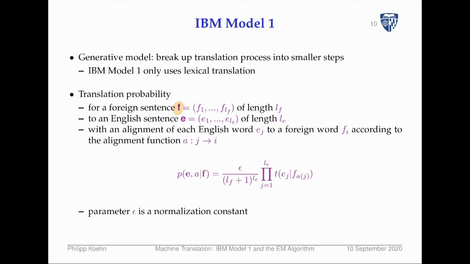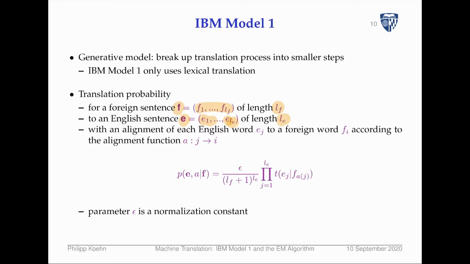The bold F is the foreign sentence, which consists of a number of foreign words, foreign word 1, foreign word 2, and so on. LF is the length of the foreign sentence. And the English sentence E also goes from English word 1 to English word LE, where LE is the length of the English sentence.